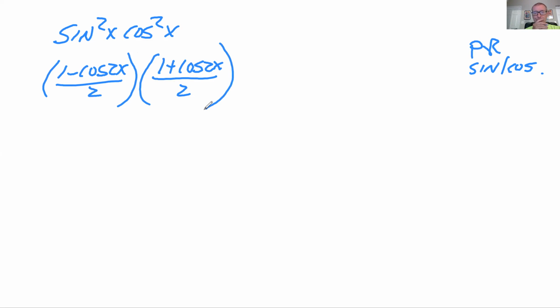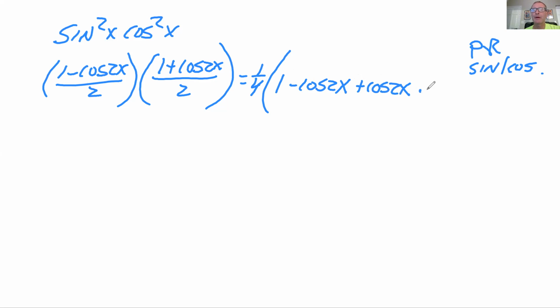And so when you do this, we can multiply this out. So let's bring the 1/4 out again, right? And so 1 times 1 is 1. And it would be minus cosine of 2x, right? And then it would be plus cosine of 2x.